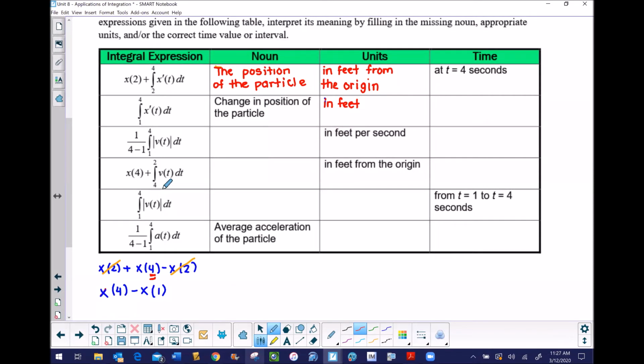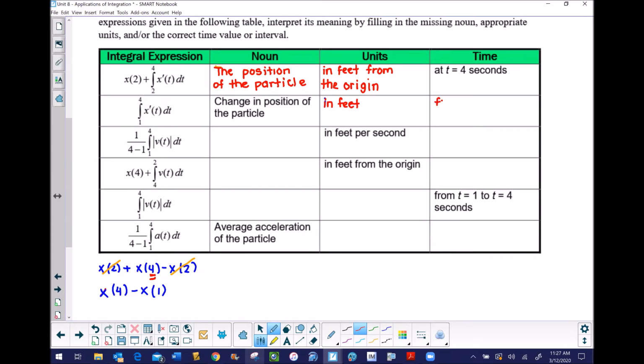We've had a change in position, it's measured in feet, and then do you think that this would be a problem that we would use the word at, or the phrases or words from and to? Because we are talking about an integral with an interval, right?